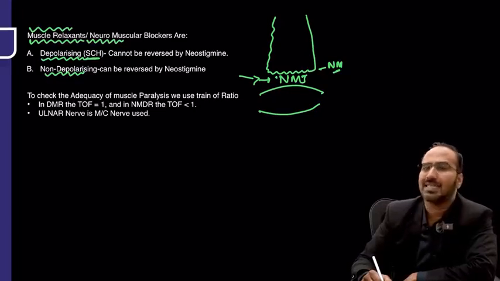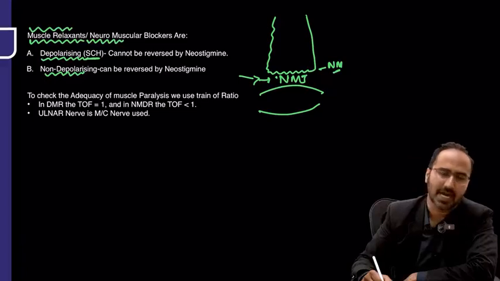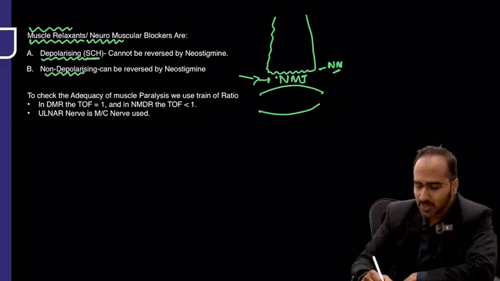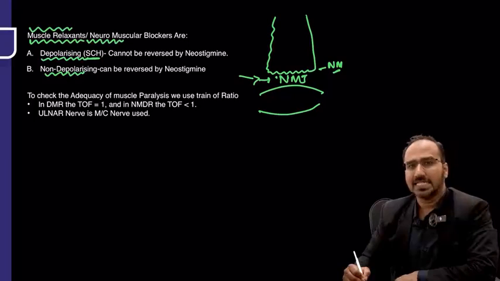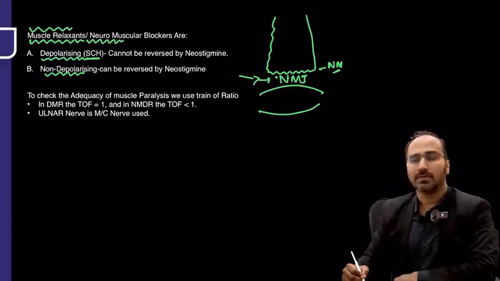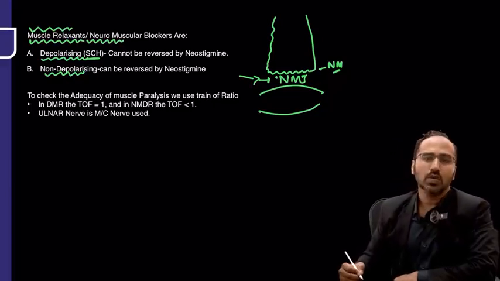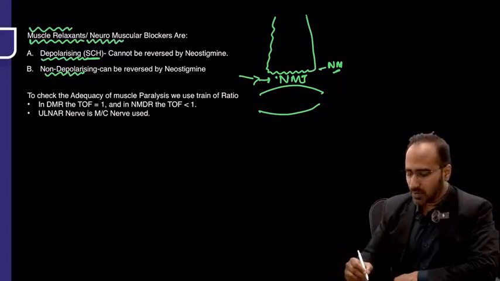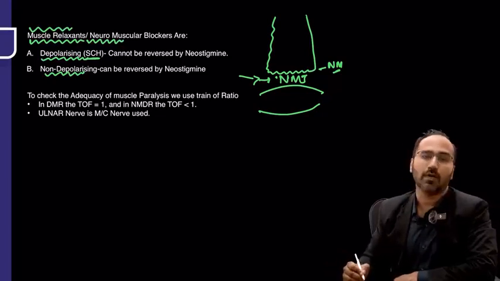In non-depolarizing, there are many drugs, guys, that we need to remember. After giving the muscle relaxant, sometimes its effect might not be adequate. In order to check the adequacy of the muscle relaxant, we use a ratio called the train of 4 ratio.